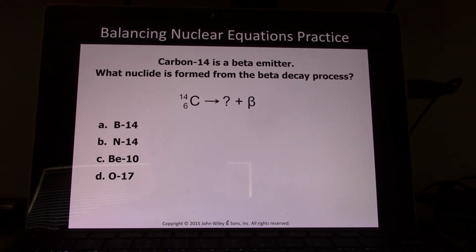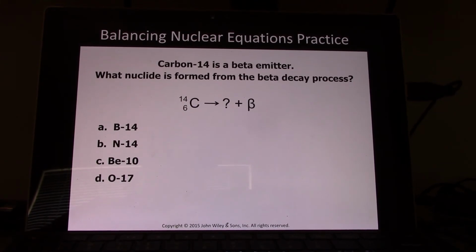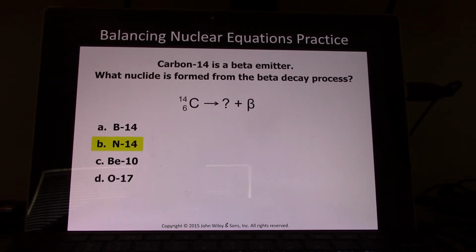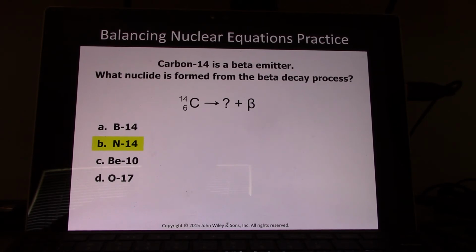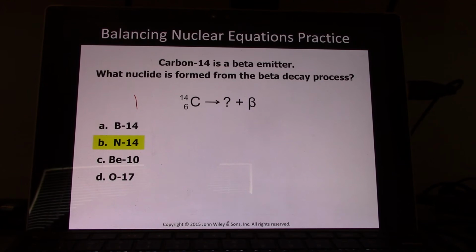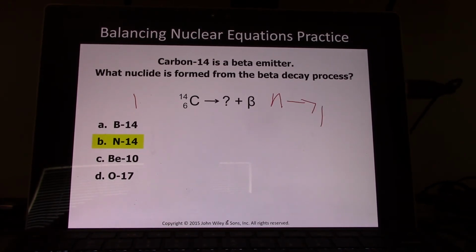Carbon-14 is a beta emitter. What nuclide is formed in the beta decay process? Well, if we emit a beta particle, that means a neutron had to form a proton plus an electron.